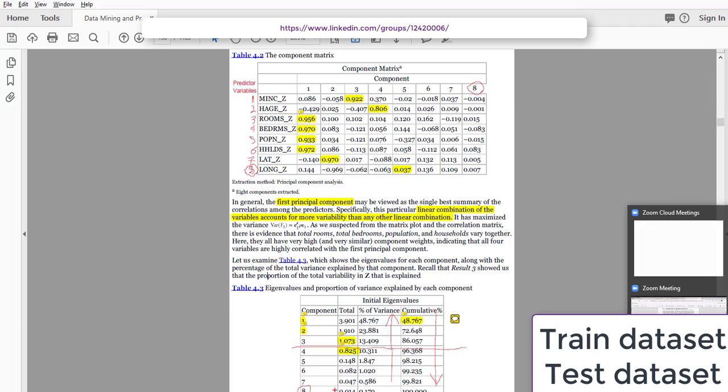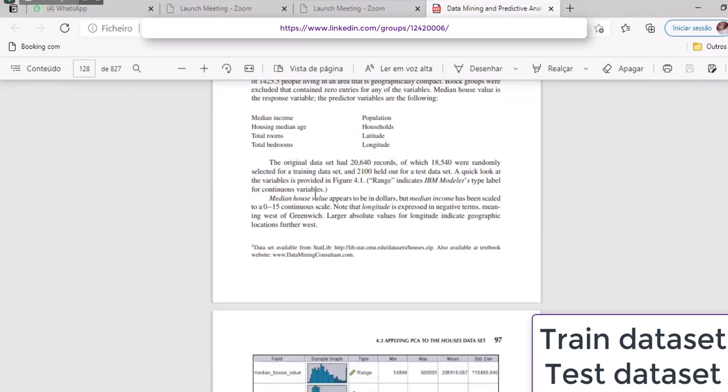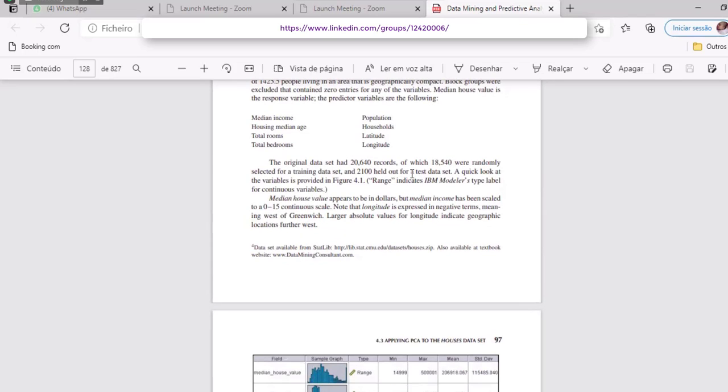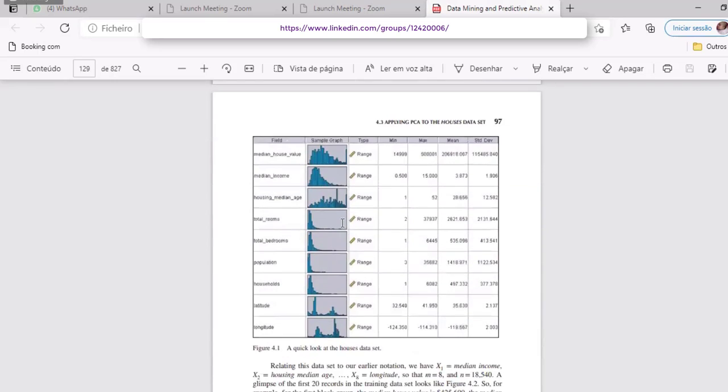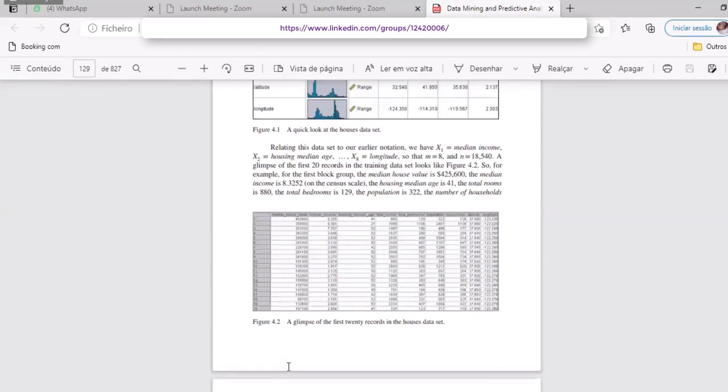A bigger part for training and a smaller part for testing later. And the test part is also included in this chapter. So we see here the description of the variables, the response variable and all the predictors, as it's shown in the SAJ, for example.